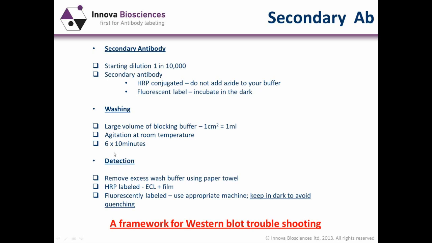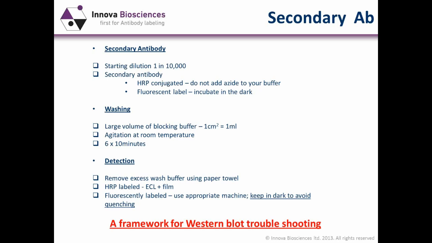And then we come to the detection steps, so how you want to detect your protein. Let's say you use the secondary HRP antibody: remove the excess wash buffer using a paper towel. What I used to do is just touch the corners of the membrane, not the actual face surface of the membrane, to allow the excess liquid to drip off.